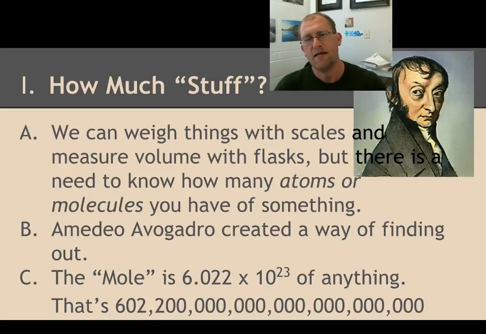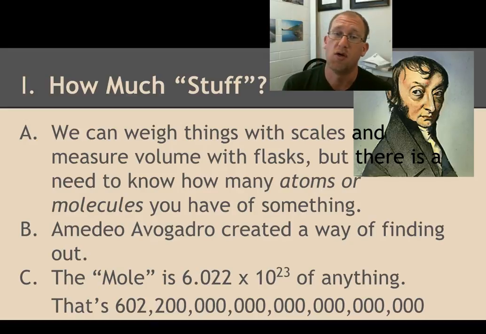And what he did was he determined experimentally how many atoms of carbon make up exactly 12.01 grams of carbon. And so how many molecules of something there is to make that many grams of its molar mass.